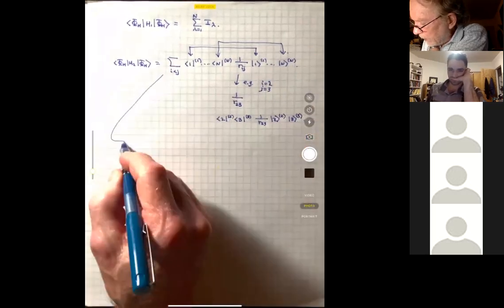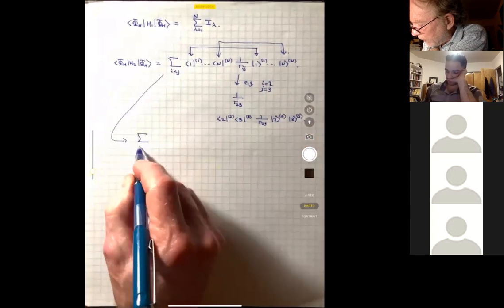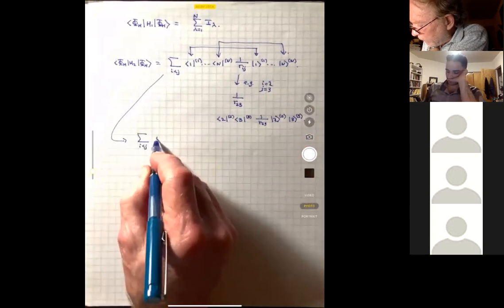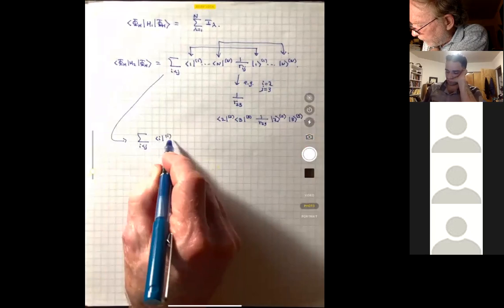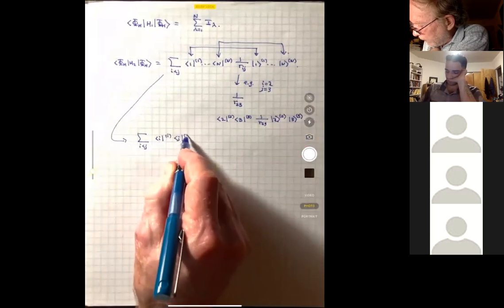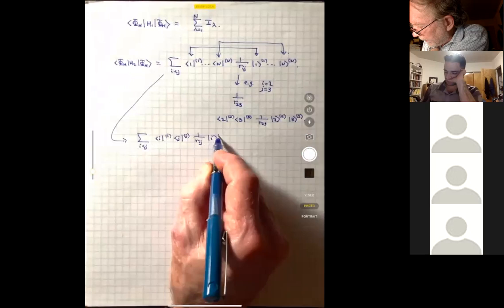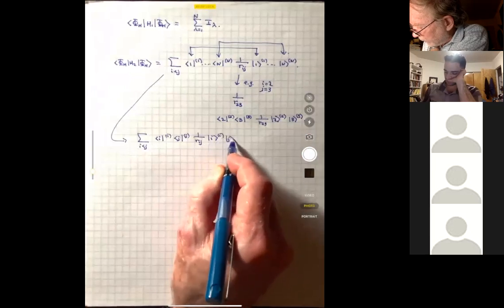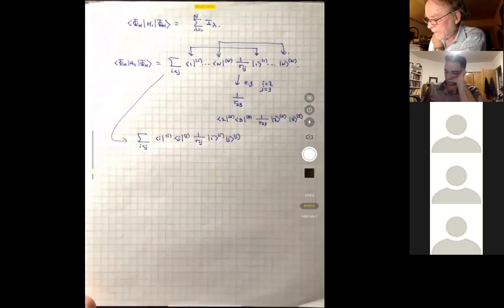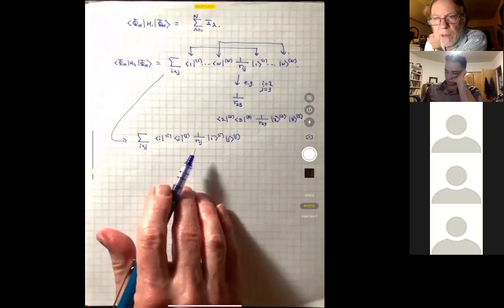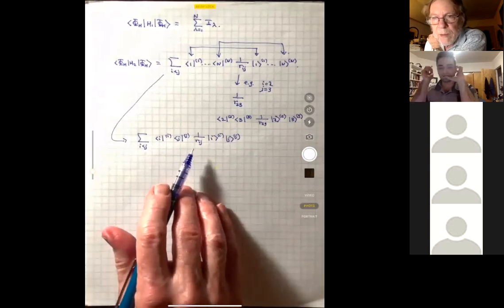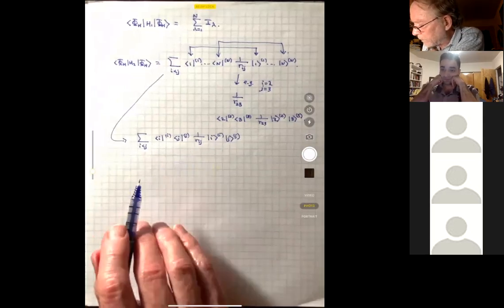And so you can see that this sum turns into the sum on I less than j of orbital I for particle I, orbital j for particle j, 1 over Rij, orbital I for particle I now as kets times orbital j for particle j. Okay? It becomes the sum of 2 particle matrix elements, which is an improvement because previously it was an n particle matrix element. All right.